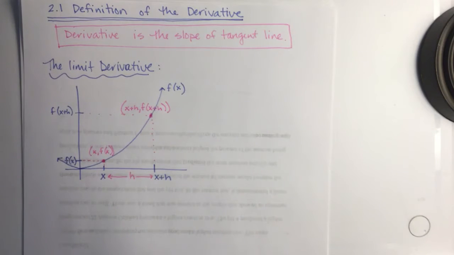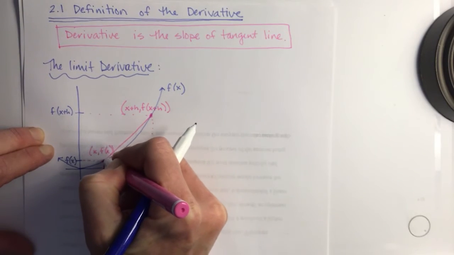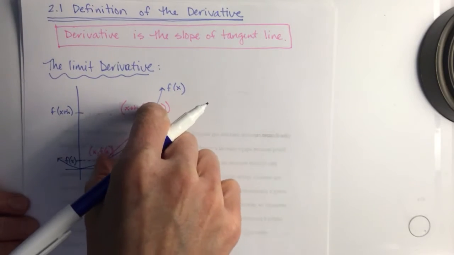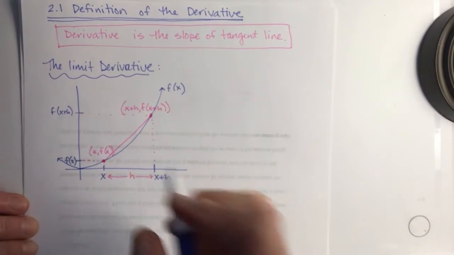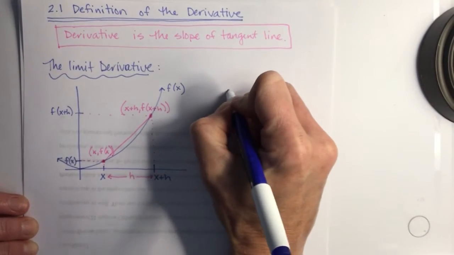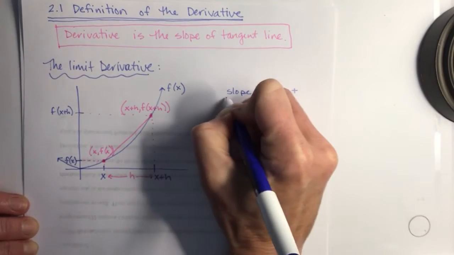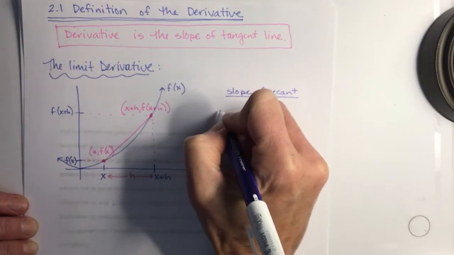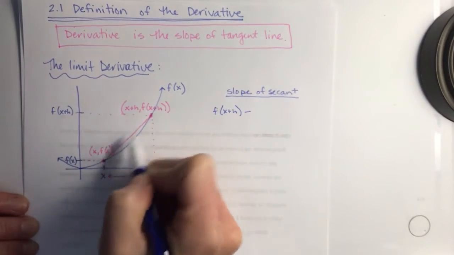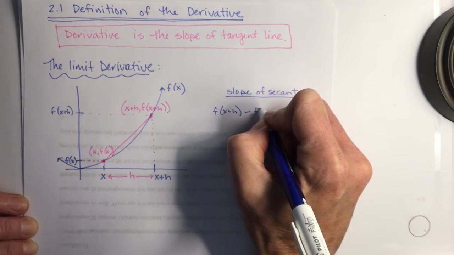Can we find the slope in between? And you guys go, well, duh, of course we can. We've been doing that since Algebra 1, right? So the slope of this secant line, the average rate of change, is f of x plus h minus f of x.